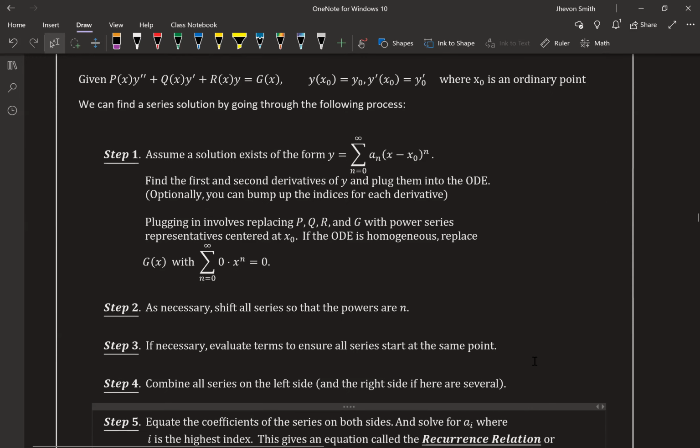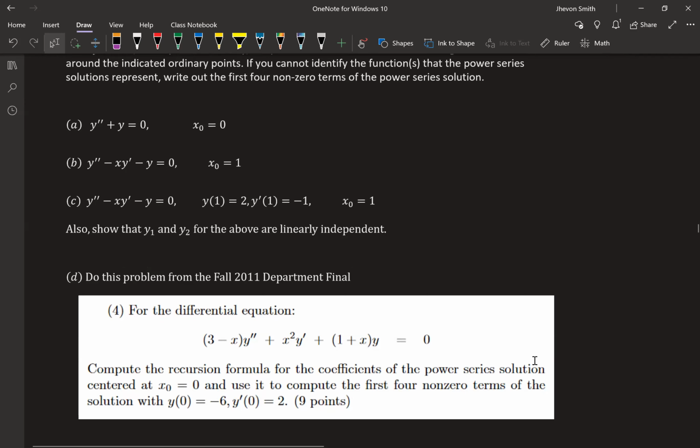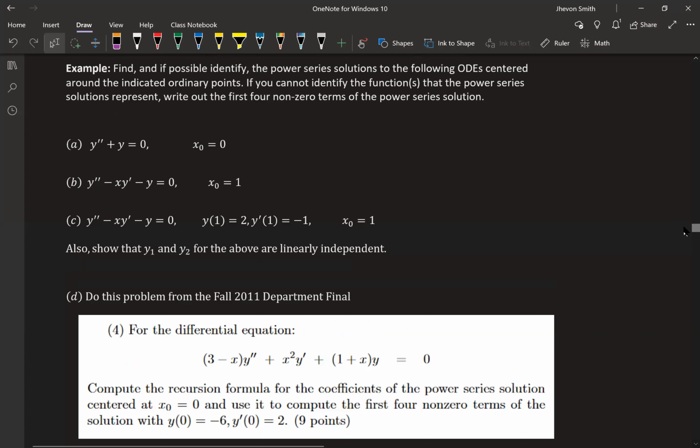Now, what you can do is copy down these questions here, or just take a picture and try them for tomorrow based on the steps that I gave you. And we're actually going to do all these examples tomorrow. So we're going to stop there.